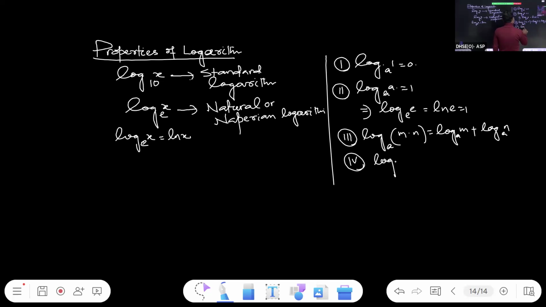Log of m by n to the base a is equal to log m to the base a minus log n to the base a.